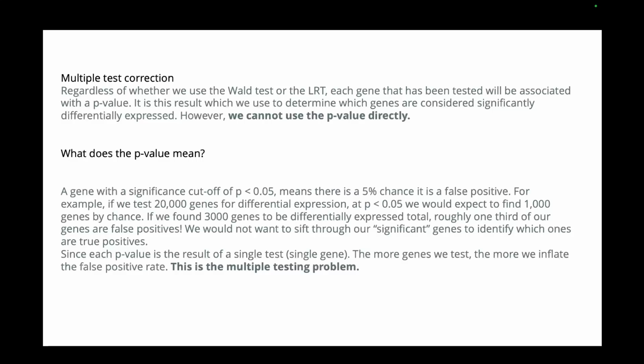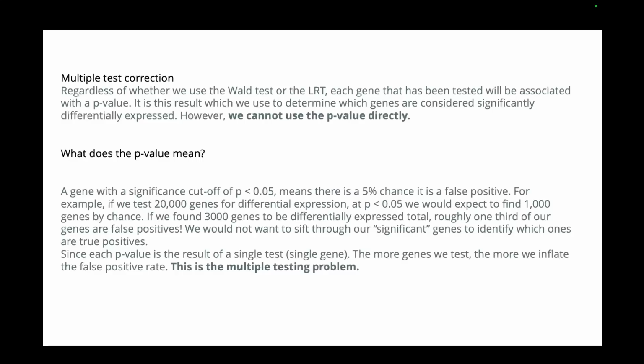Since each p-value is the result of a single test, the more genes we test, the more inflation we see in the false positive rate. Technically your p-value decreases, but if you look across the data, you are inflating your false positive rate, and you'll find a lot of false positives.